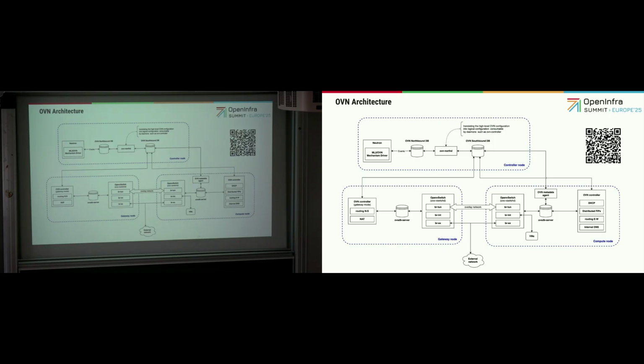This is what actually configures the compute nodes, the OpenFlow rules, etc. on the nodes. The northbound is the control plane, a layer which works with Neutron directly, translates information from Neutron objects to OVN objects, and tells how exactly the southbound should work and apply this configuration to the nodes.